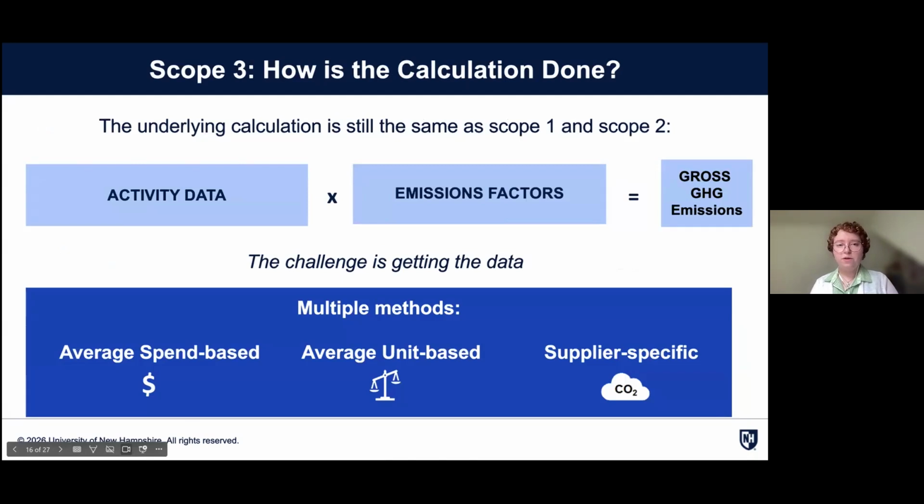Because scope three is hard to calculate, there are multiple different methods to address that. The basic underlying calculation is the same as scope one and two: activity data times emission factor to get emissions. Depending on the data you have available, there are multiple different methods for getting to that, and those include the average spend-based method, the average unit-based method, and the supplier-specific method.